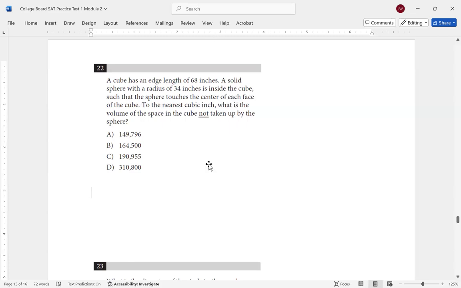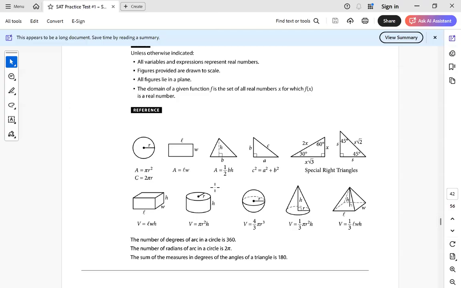Now we're going to have to use some volume formulas. These are actually given on the test. Let me show you those. Volume of a cube is the volume of length times width times height. If we have a cube, the length, the width, and the height are all the exact same.